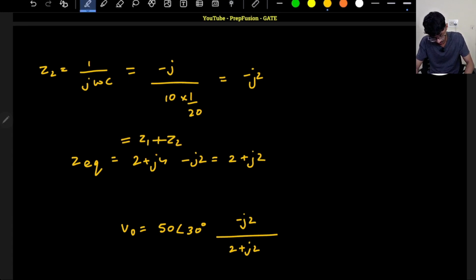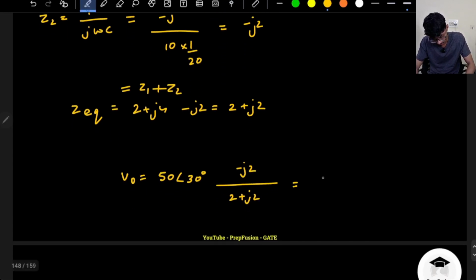So now if I want to write this, it will be 50, the 2 gets cancelled, angle 30, minus j is there of course, divided by 1 plus j.